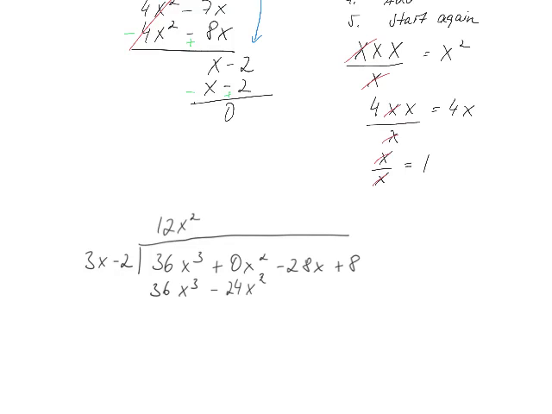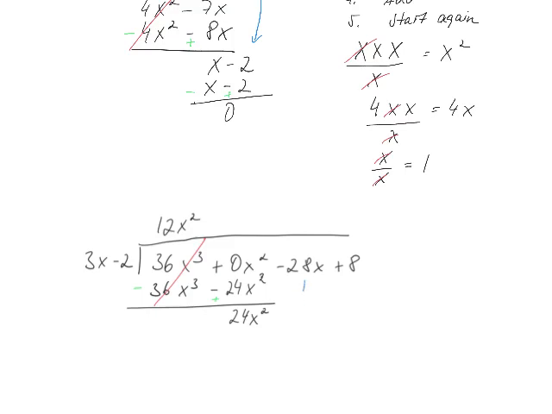Otherwise we wouldn't be able to do this step. It wouldn't line up, the x squareds and then the x. Okay, so we change the sign. This becomes a minus, this becomes a plus. So then 36x cubed minus 36x cubed is gone. Now 0x squared plus 24x squared leaves me with 24x squared.